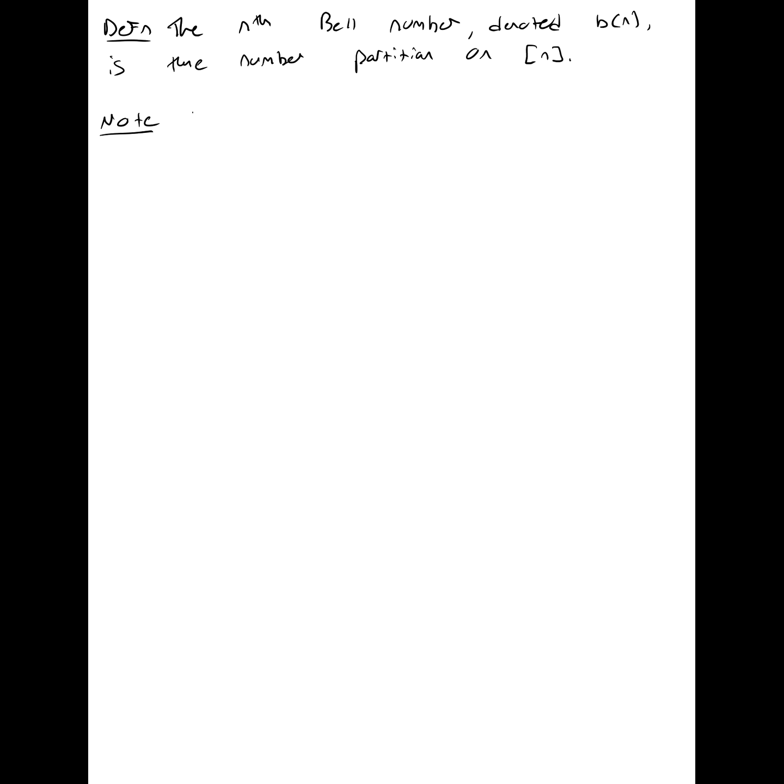In fact, it is true that b of n is identically equal to, and you can think about this, the sum of the Stirling numbers as we range over k. But we just said that it doesn't matter if k is larger than n. That will just evaluate to 0.